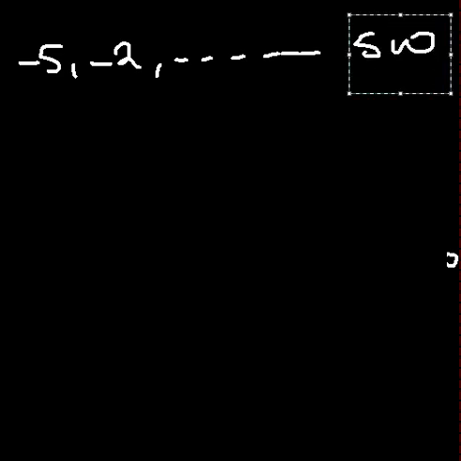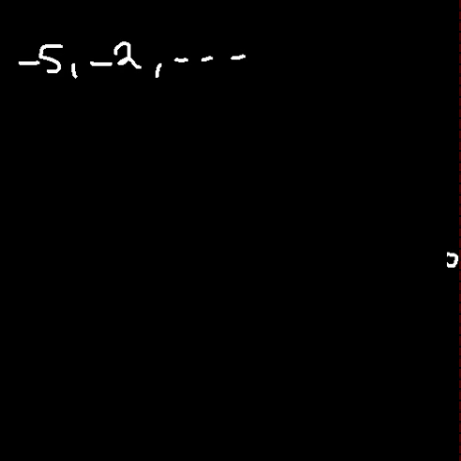Now what if we have an arithmetic progression series given as -5, -2, and so on, up to 500. Let's say we do not have the last term there.